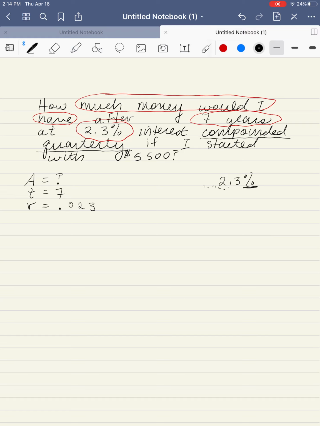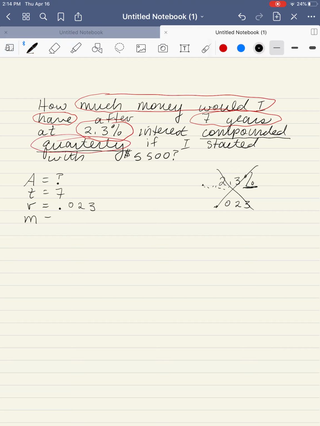Remember that if I have 2.3%, percent means out of 100. So what that does is it moves the decimal 2 places to the left, which gives me 0.023. So just write the decimal down on your paper rather than the percentage, and that way when you're plugging it into the formula, you're not as likely to plug in the wrong number.